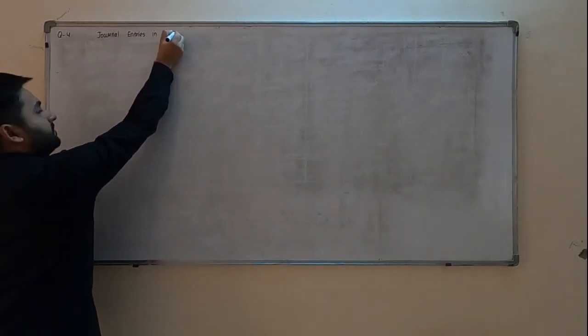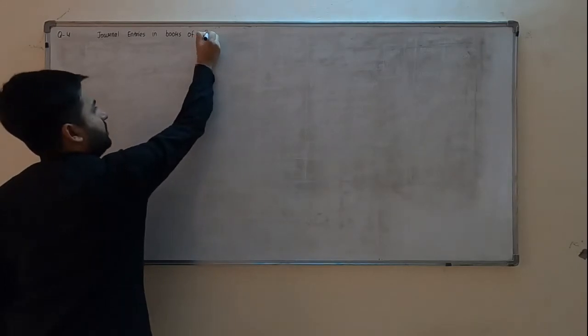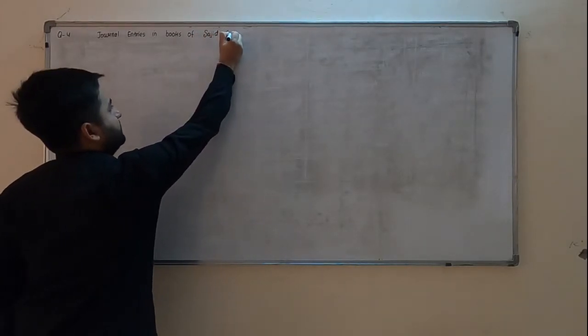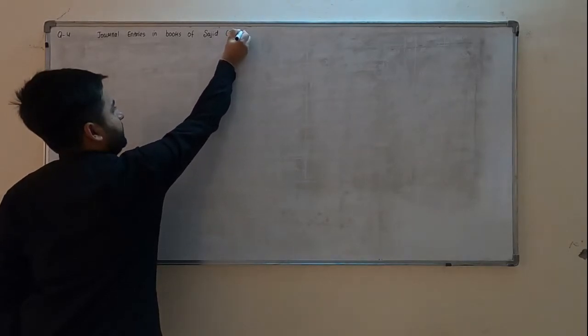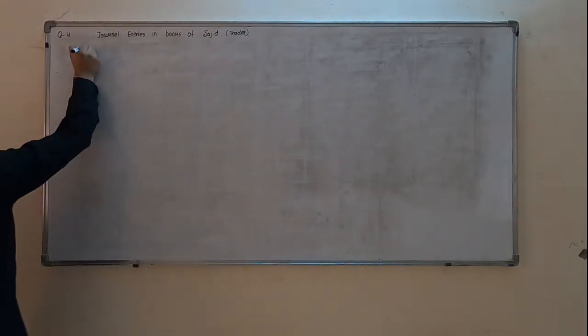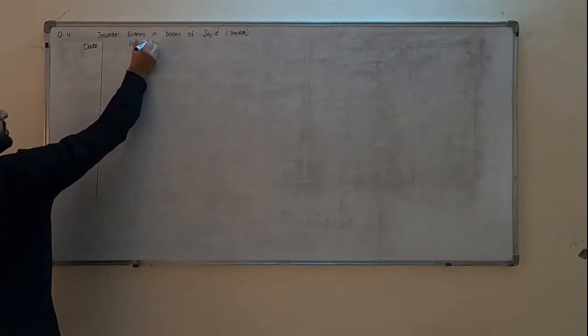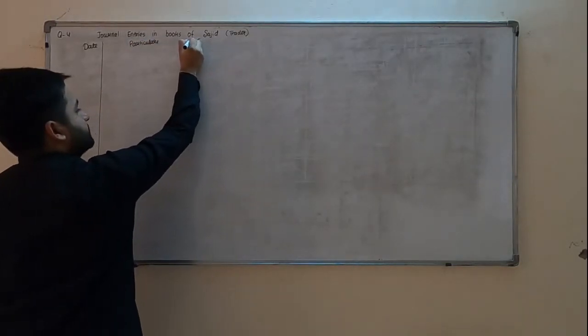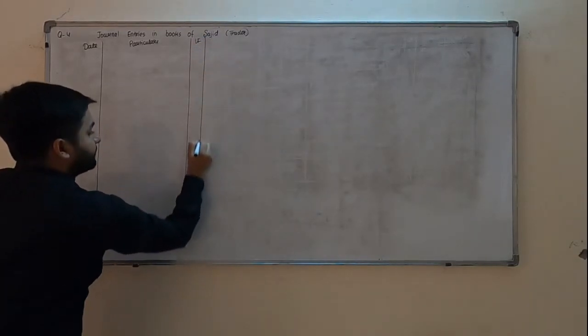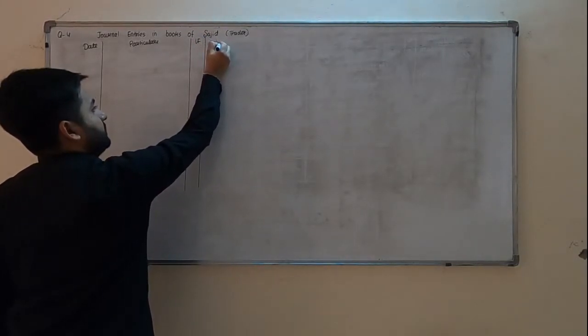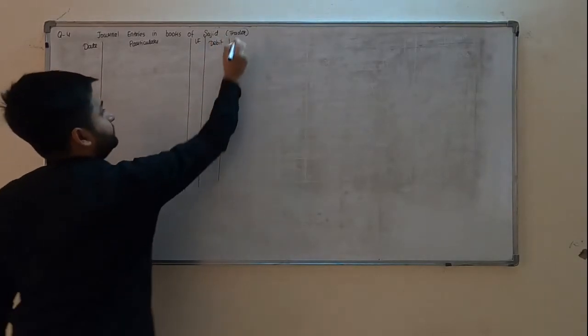Question number 4. Journal entries in books of Sajid, trader. Date, particulars, LF, debit, credit.